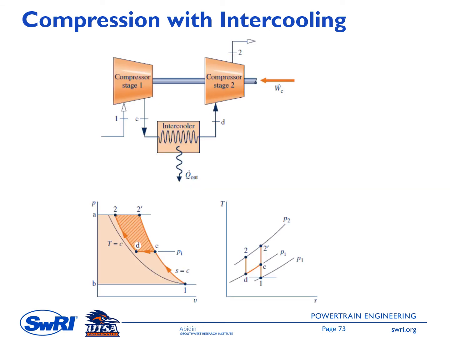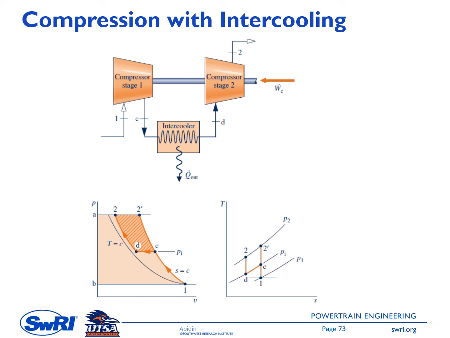One of the common ways to apply a cooling process during the compression is by having a multi-stage compression. In this case, we can have maybe 2-3 compressors and then put an intercooler in between. This picture shows the schematic of the system with two-stage compression.